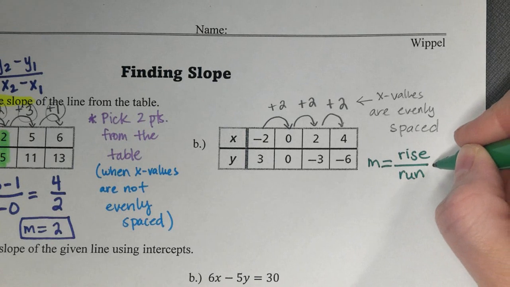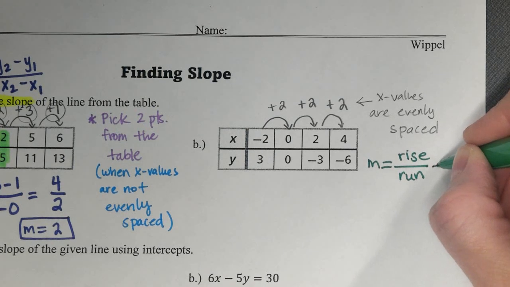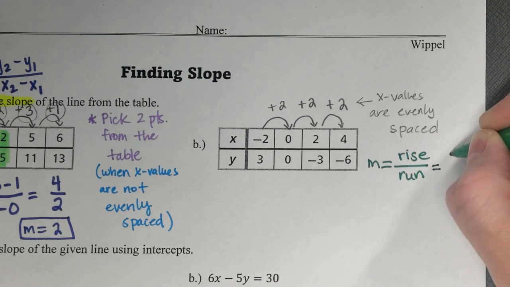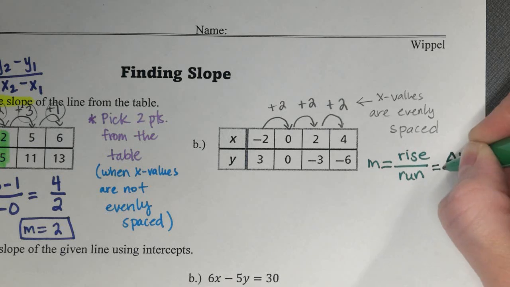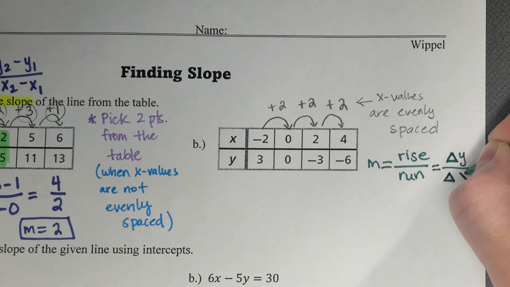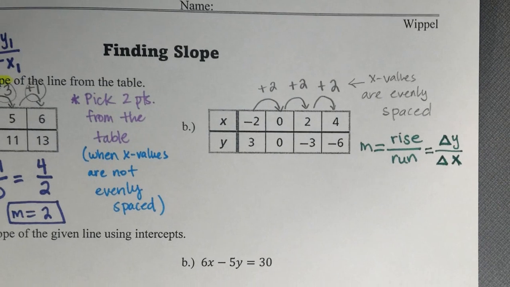I'm going to introduce you guys to a new symbol. Tell me if you've seen this before. Sometimes in science, do you guys know what that means? Triangle. No? It means the change in y over the change in x.